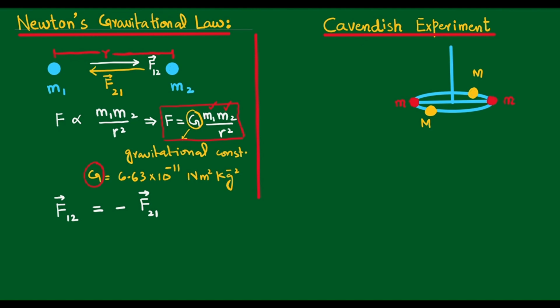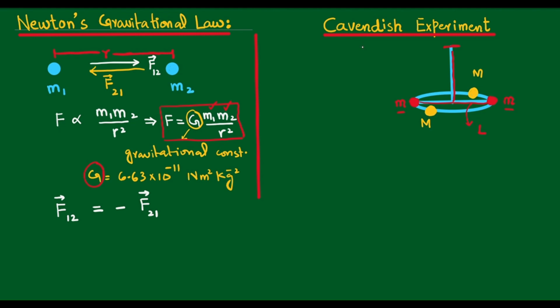Here is a simple experiment in which two identical masses, small m and small m, are at the ends of a massless rod whose length is capital L. This rod is also attached vertically to a fine string, and this is attached to the ceiling.